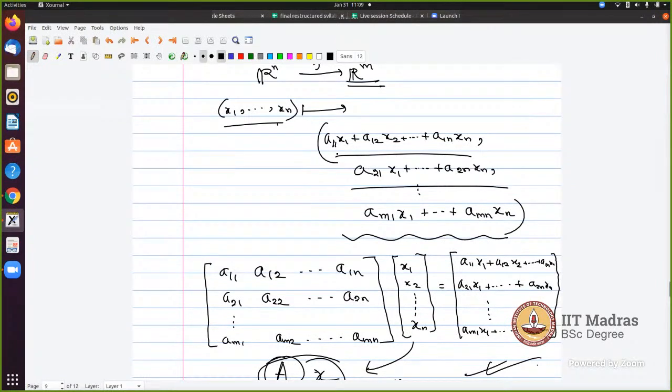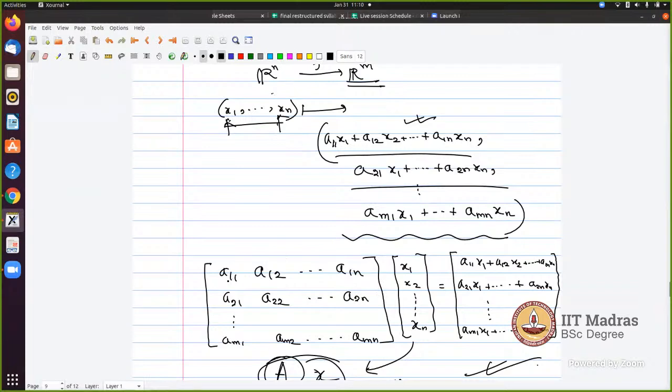Great session. Yeah. So in this portion, we have vectors in Rn. So these are linear combinations of these coordinates, right? Can you see that? Yes, sir. Each coordinate is a linear combination of the coordinates of Rn, correct? Then I can write this vector as a matrix times these vectors in Rn.